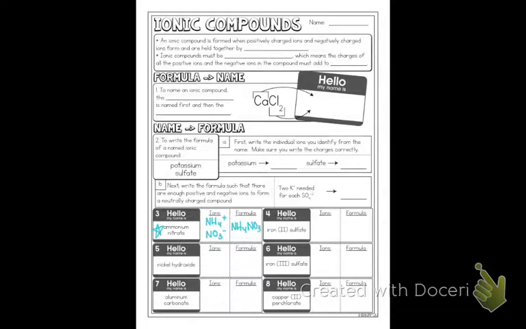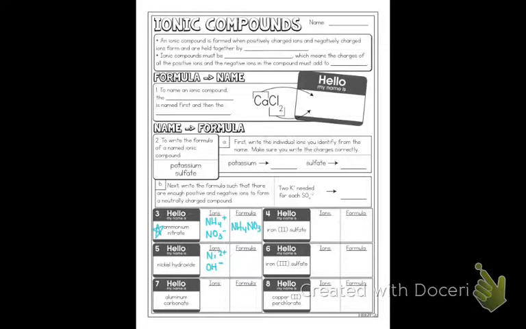Number 5 says nickel hydroxide. We know from the charges that we were given that nickel is a +2. And if you look back on your polyatomic sheet, you would see hydroxide is -1. Well, now I have a +2 and a -1, so those aren't equal and they aren't going to equal 0.